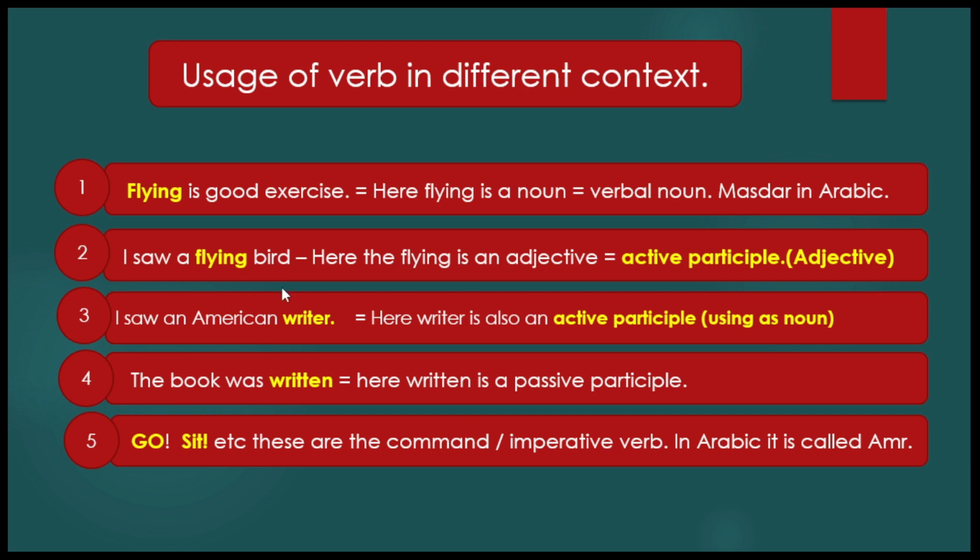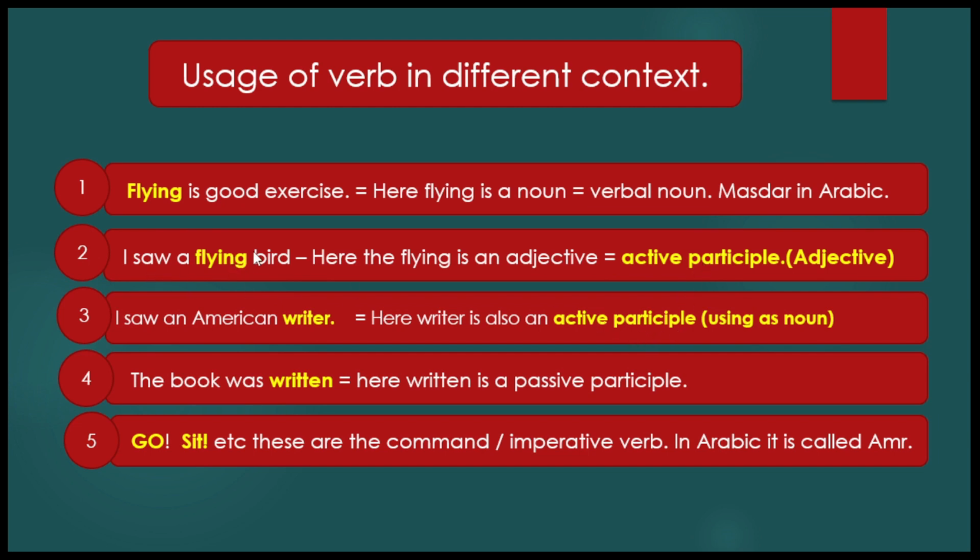If we notice number 1 and number 2, both verbs are the same, flying, but one is used as a noun and another one is used as an adjective. Depending on the context of the sentence, this verb is used accordingly. Number 2 and number 3, both are called active participle.